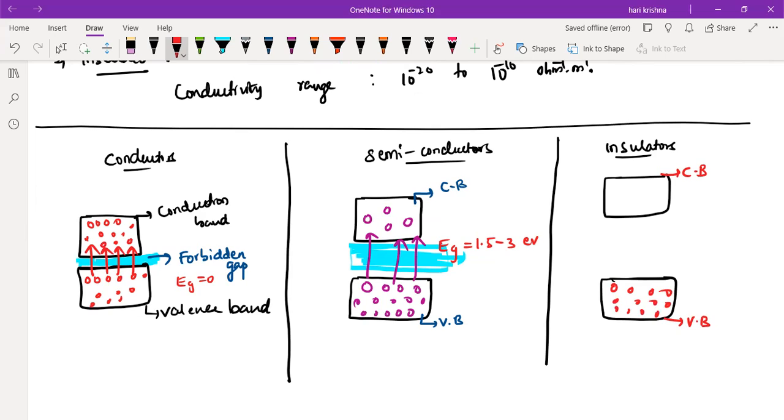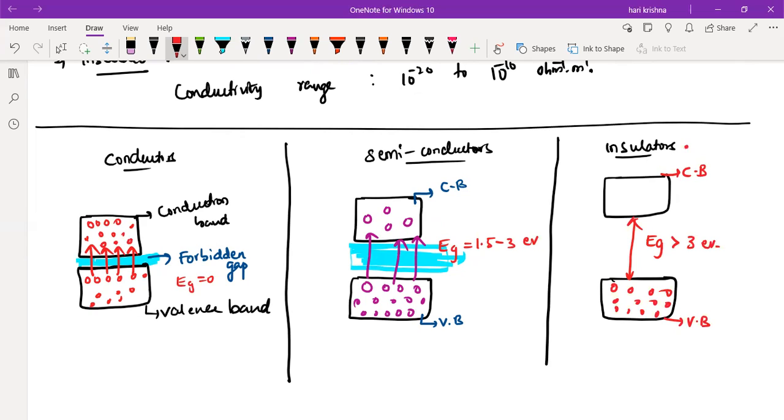So electrons cannot move at all from the valency band to the conduction band, and the energy gap will be greater than 3 electron volts. Due to no movement of electrons from the valency band to the conduction band, these materials act as insulators, because they will not conduct electricity at all.